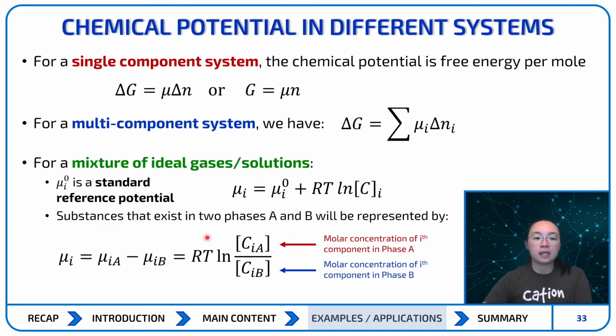So the substances that exist in two phases, A and B, are usually represented by delta mu i equals mu iA minus mu iB, which is equal to RT times ln of a concentration ratio. So we can have the concentration of a specific ion or substance that we're looking at in the first phase, and then the concentration of that in the second phase.